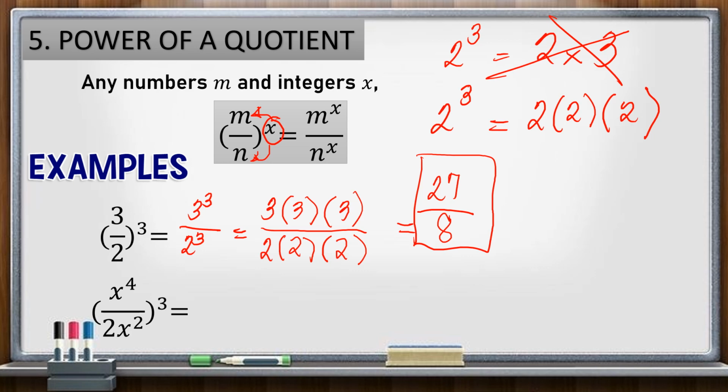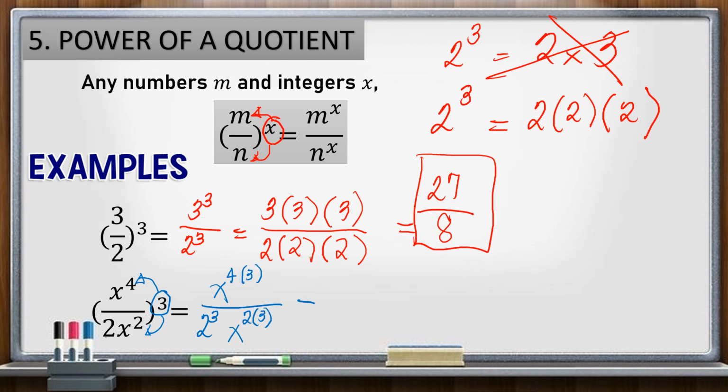The same thing, we have to distribute 3 to our numerator and to our denominator. So therefore, this will now become x raised to 4 times 3, all over. Since we have a numerical coefficient, this will now become 2 raised to 3, then x raised to 2 times 3.